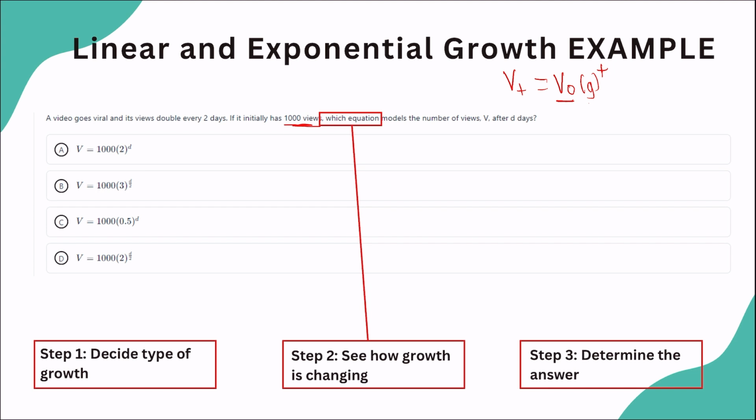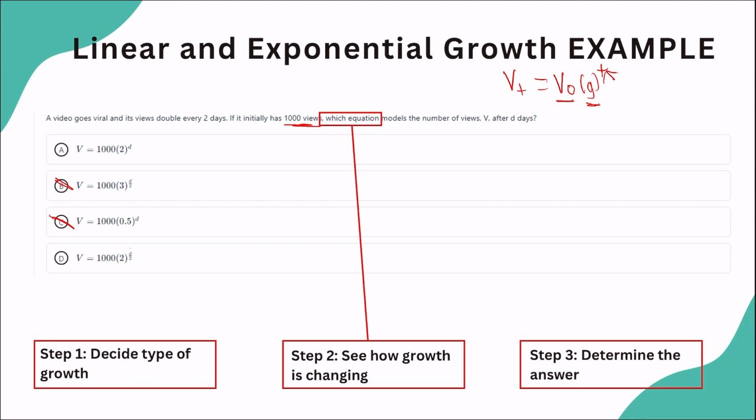Now we need to look at our growth rate. It's doubling, and so I'm thinking our growth is 2. So that's going to rule out B and C for me. And we can actually see C is 0.5, which would represent exponential decay. So it'd be decreasing, so that one's definitely wrong. Now between A and D, the only difference is this time value here.